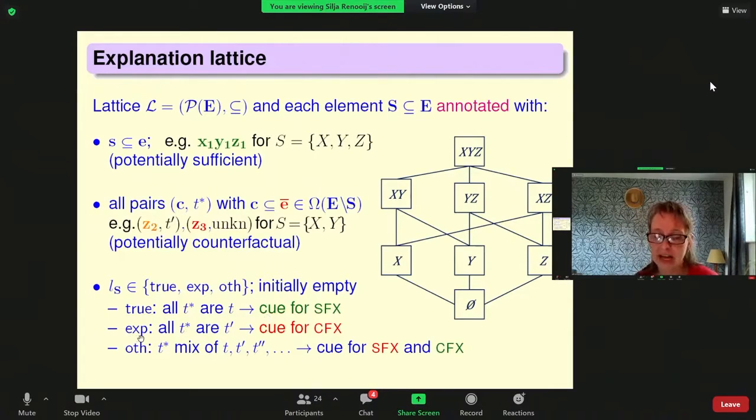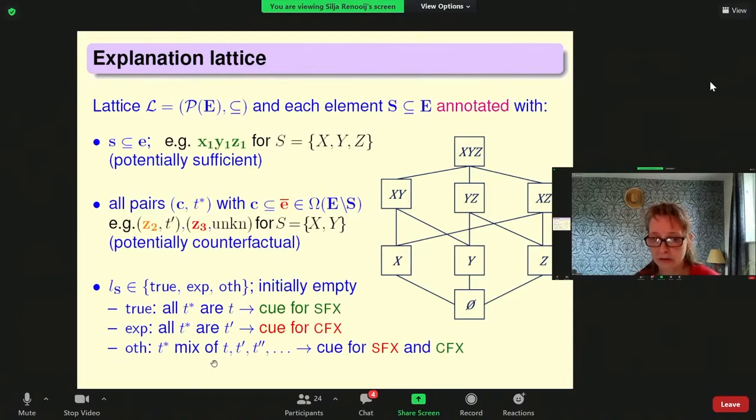Exp means that all the outcomes associated with the pairs are the expected outcome T prime. That means I found counterfactuals, and in fact, I cannot find any smaller ones. This is the smallest I have, so I don't have to continue further down the lattice, because continuing further down would make the counterfactuals larger. So I can stop the search for counterfactuals there.